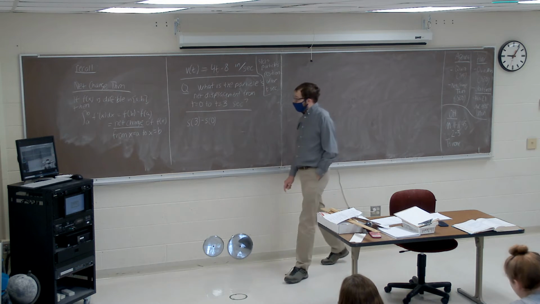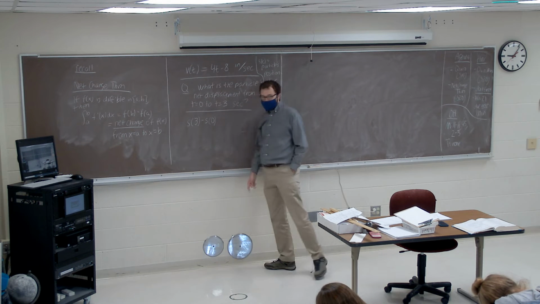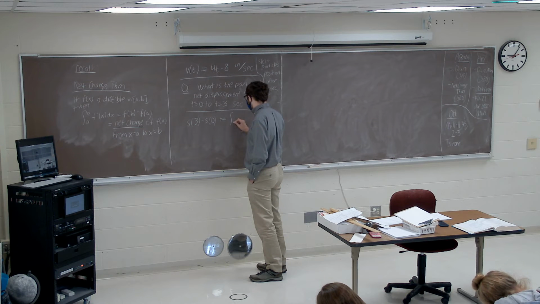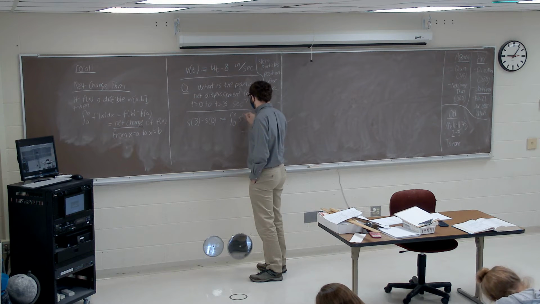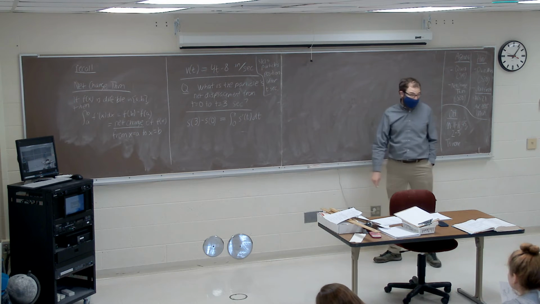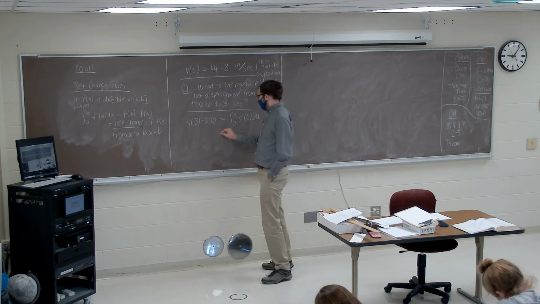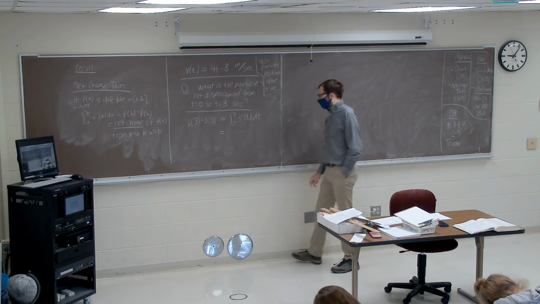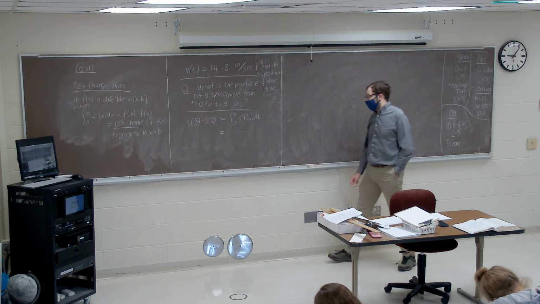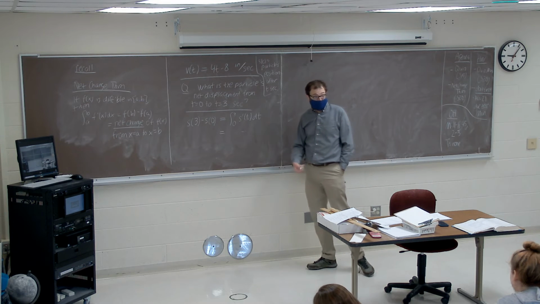Yeah, because according to the net change theorem, s of 3 minus s of 0 is going to be equal to the integral from 0 to 3 of the derivative s prime of t of our position function, which, as we've seen, if we differentiate our position function, gives us velocity.